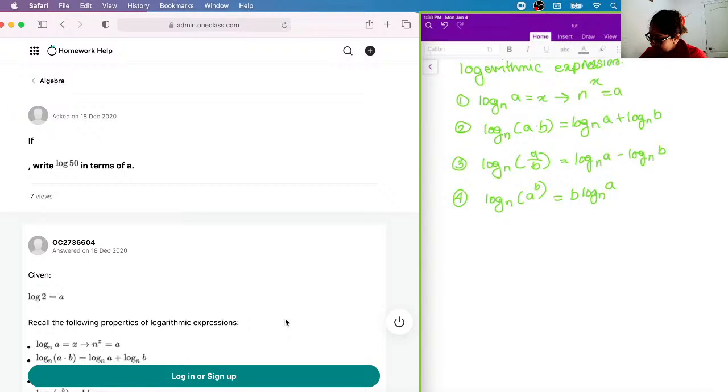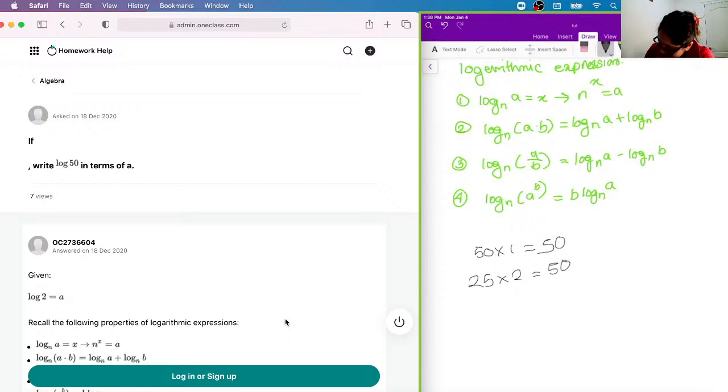So we can basically come up with multiplications or common multiples of 50, whatever equals 50, right? We can say that 50 times 1 is equal to 50. 25 times 2 is equal to 50. And we could also say that 100 divided by 2 is 50, right?